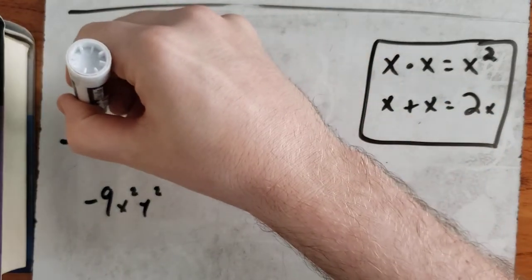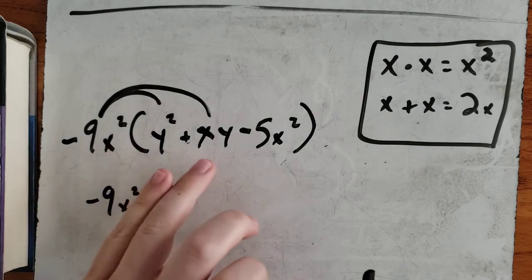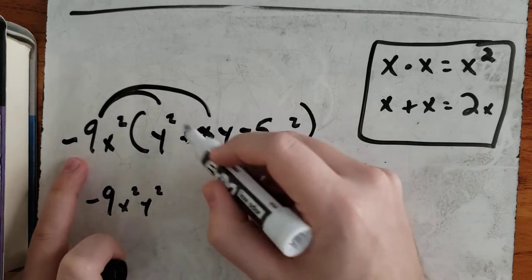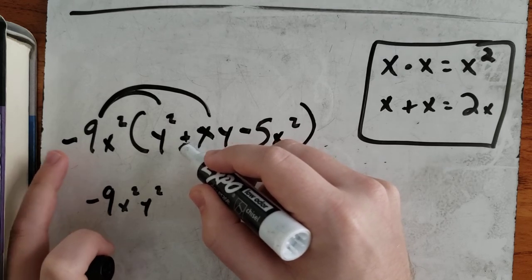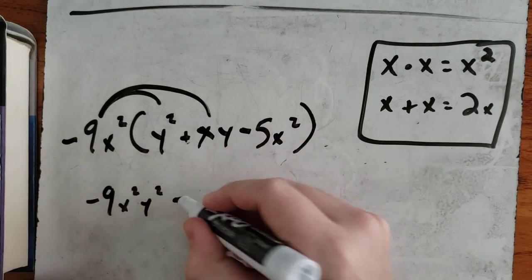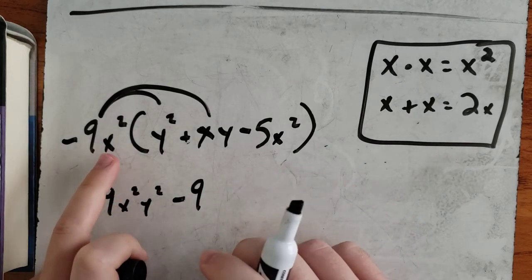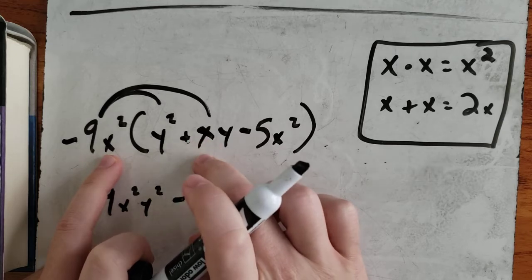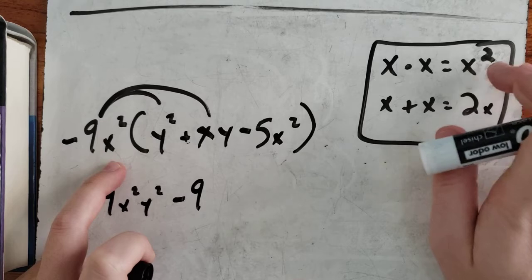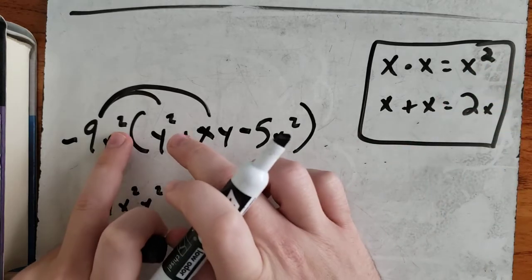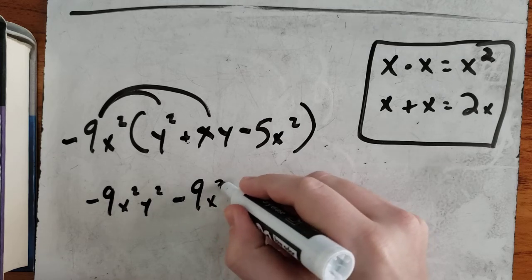That was easy. Second one. Negative 9x squared times xy. All right, so once again, there's no number here. Now it's a positive here, but you have a negative on the outside. So negative times a positive, remember, is a negative. Your number stays the same. Now your letters. You have x squared here and an x here. Remember, when you're multiplying, you add the exponents. So we have an x squared and 1x here, which means it's x to the third.